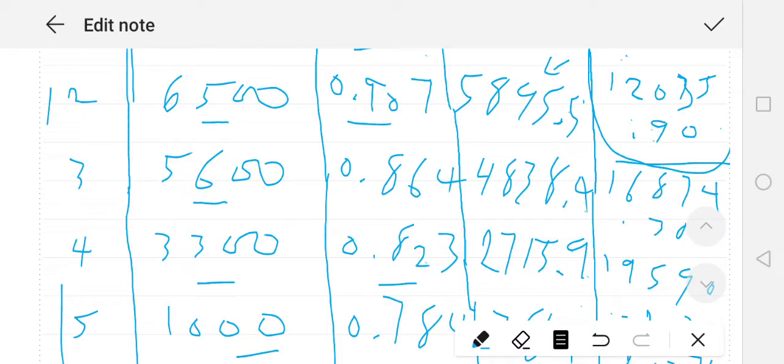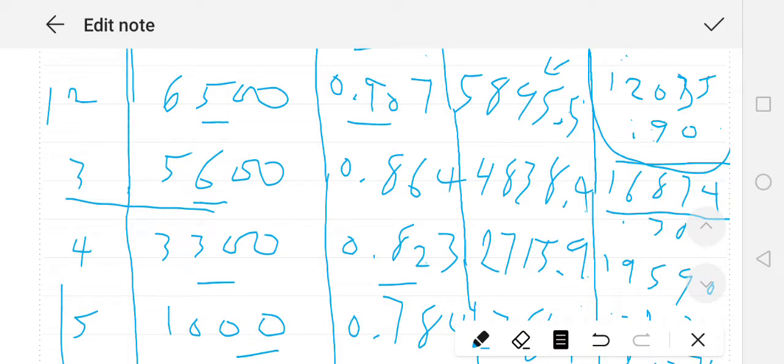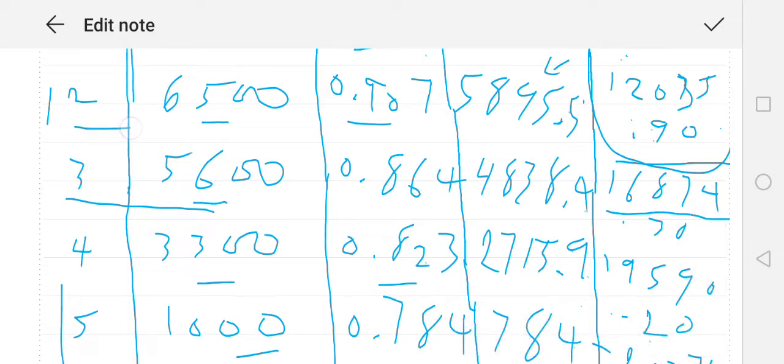You add the unrecovered amount at the start of the period in which you would have covered the full amount, which is year 3. You would have covered the whole 16,000 in year 3. So as at the beginning of year 3, what is the unrecovered amount? Take note that at the end of year 2, we would have recovered 12,035.9.